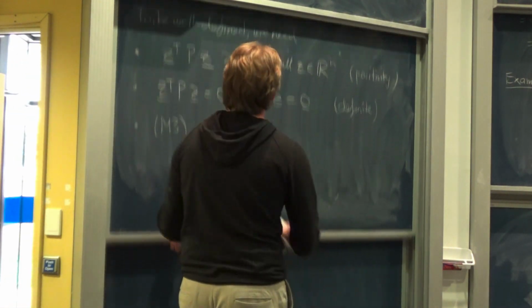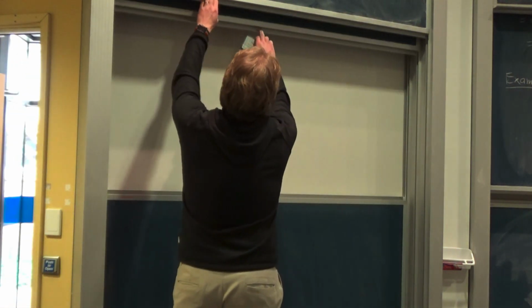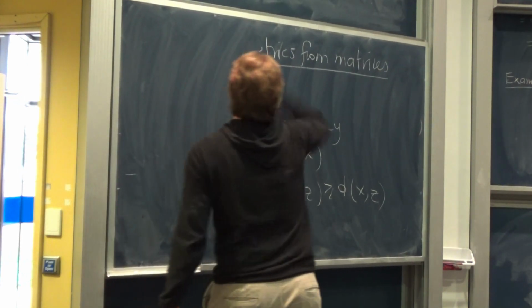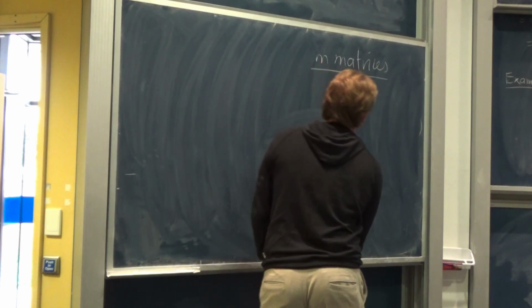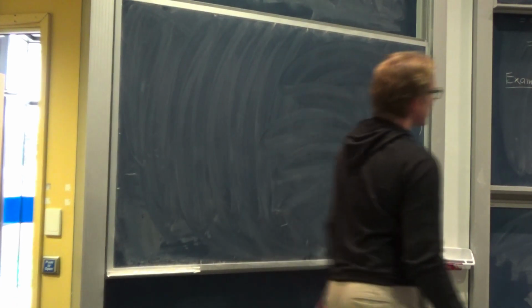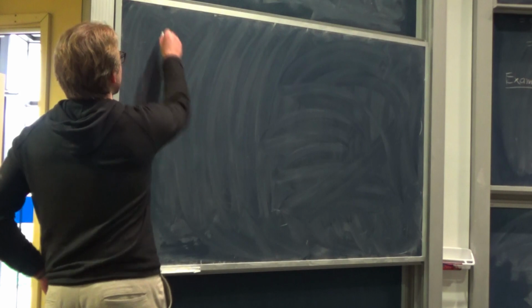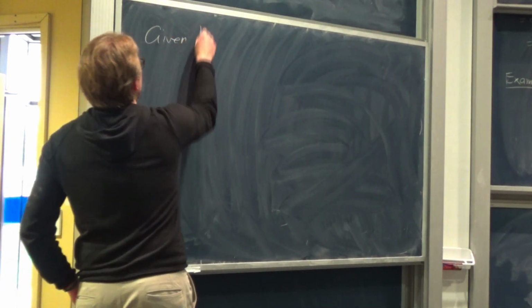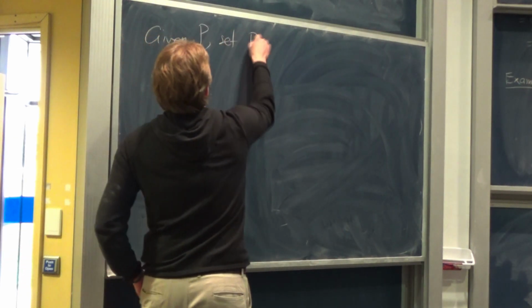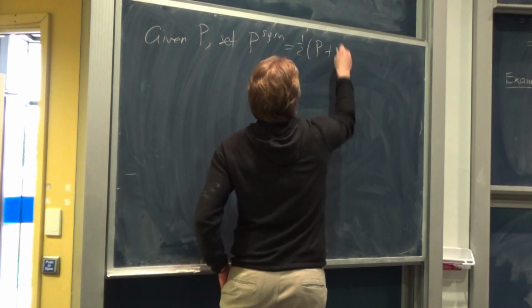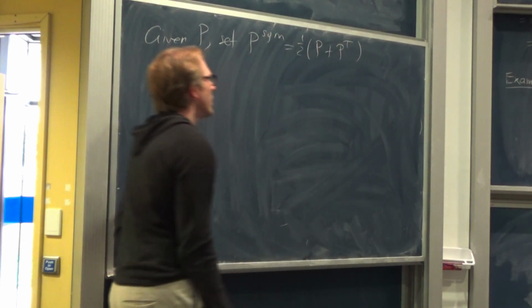which is just that I can assume without loss of generality that the matrix P is symmetric, you see. Right, so given a P, set P symmetric to be a half P plus P transpose.